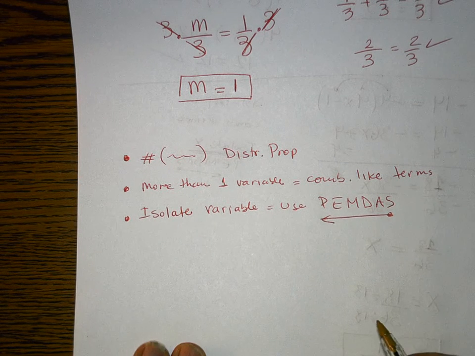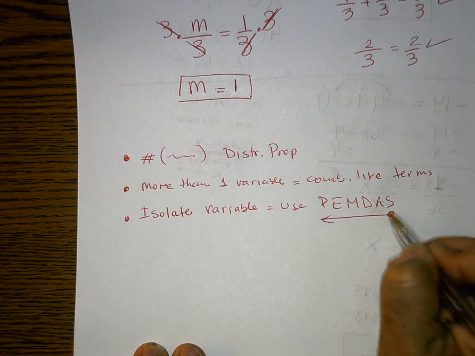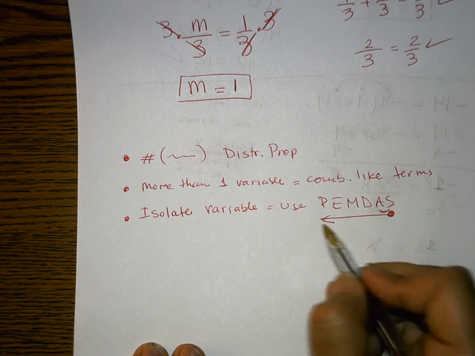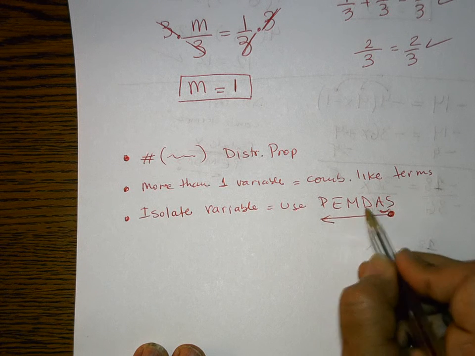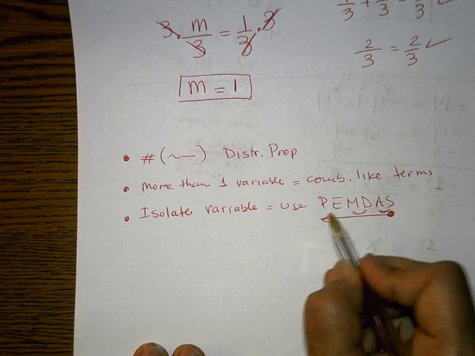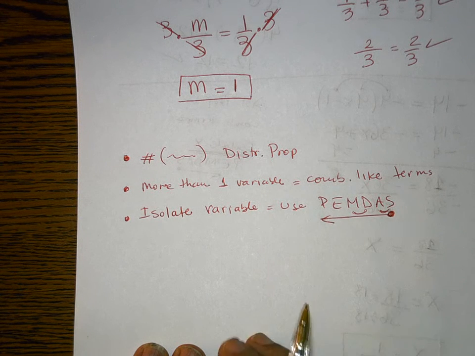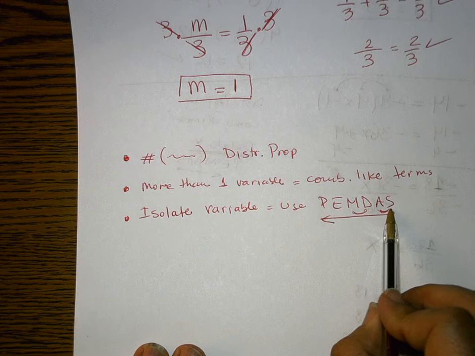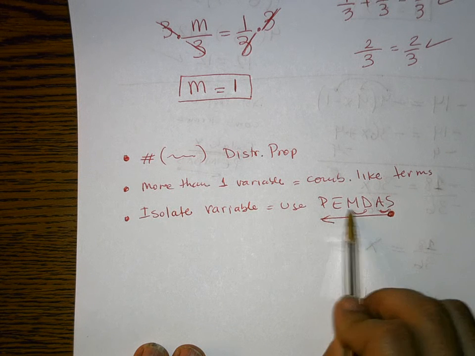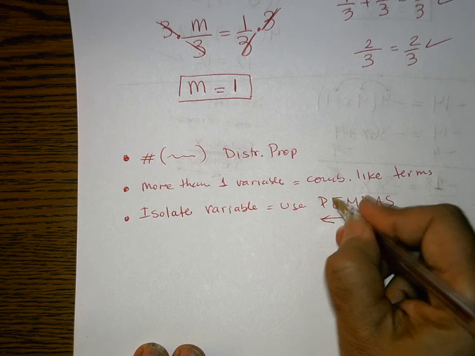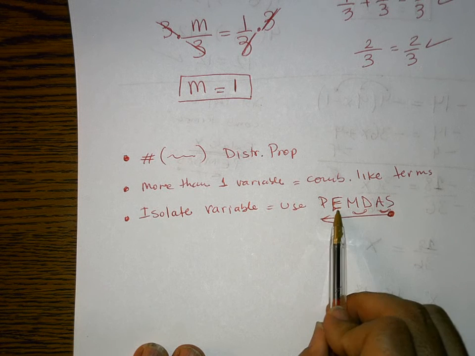We always start with subtraction or addition, whatever is needed, and then we move on to division and multiplication, and then we move on to parentheses. But usually we'll be able to solve it at this level in Math 1. We'll be able to solve for the variable by the time we get to here, because we are really not dealing with exponents at this level.